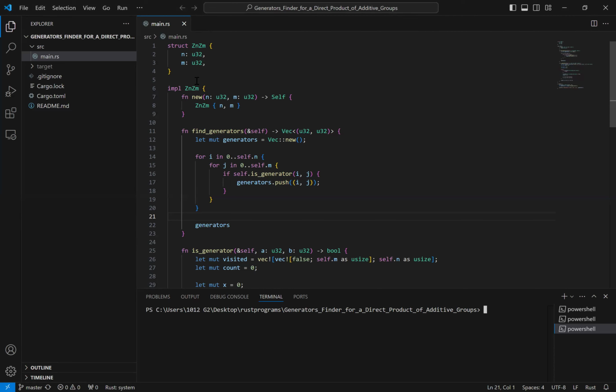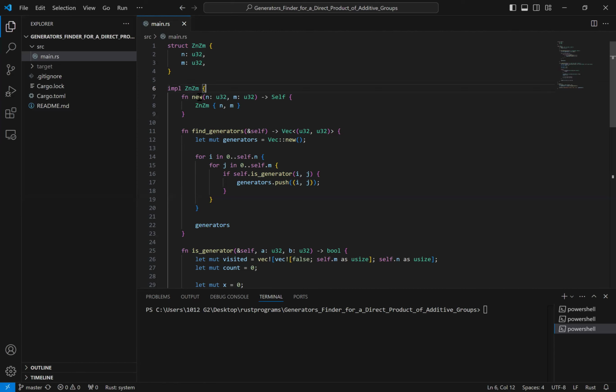Yes. So the first part, I said where I'm defining my n, I want it to be 32 bits, of course, positive 32-bit numbers, and then type 32-bit m, and then implementing this Zn Zm, which stands for Zn cross Zm, that direct product.